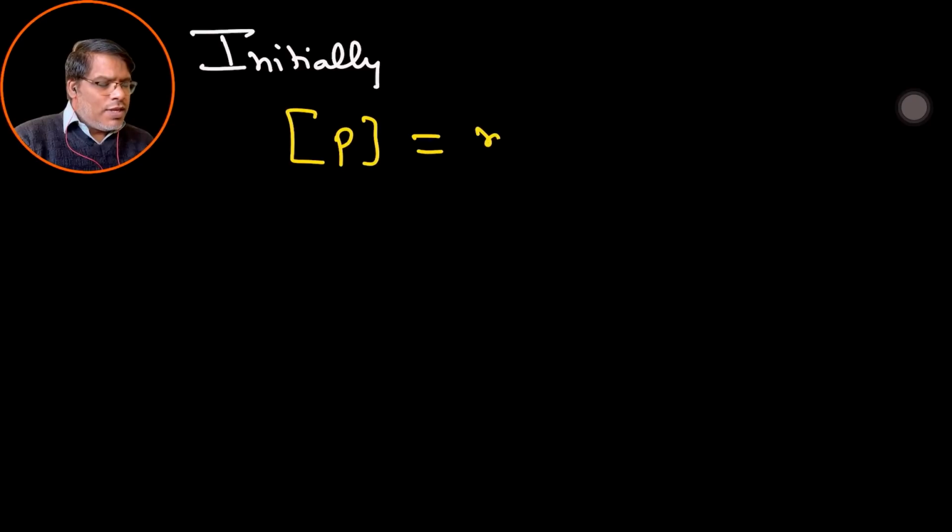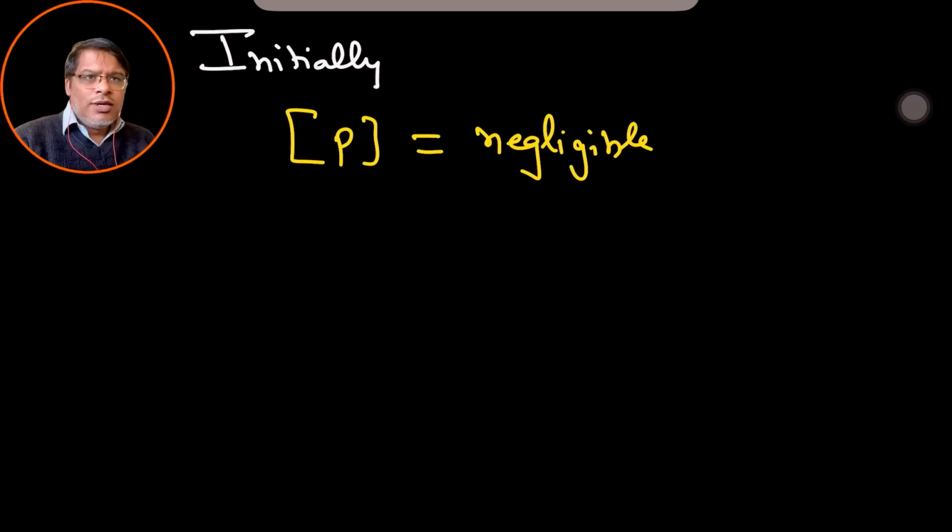Initially, in any reaction, the concentration of product is negligible. Let's suppose you have started the reaction in which you have added enzyme and substrate. Initially the concentration of product is negligible.